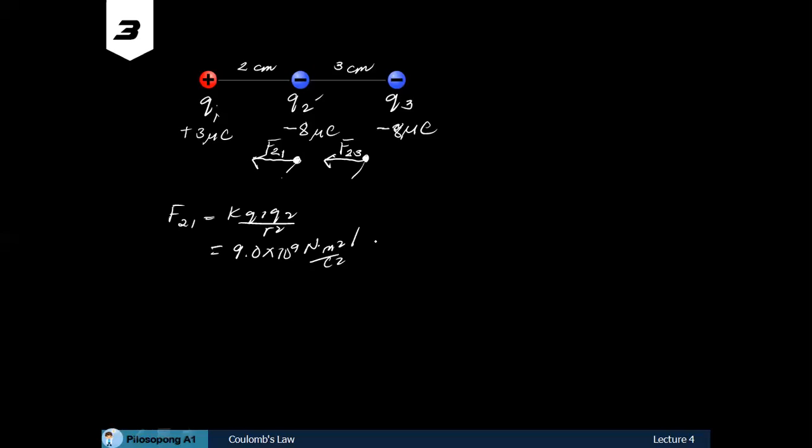So this is Q1, 3 times 10 raised to negative 6, since micro is equivalent to 10 raised to negative 6, times the charge of Q2, negative 8 times 10 raised to negative 6 coulomb, over the distance of 2 centimeters. Let's convert it into meters. That is 0.02 meters squared.